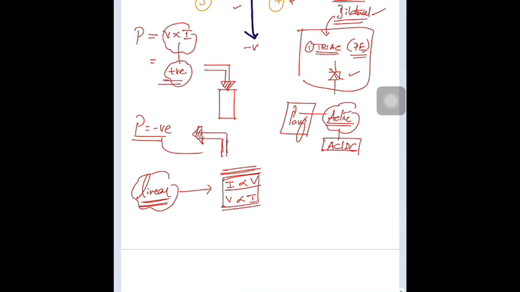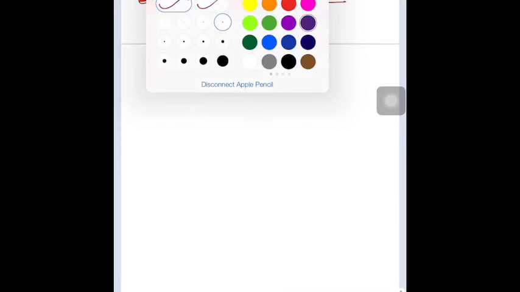Now we'll deal with some examples. Let us take the next step. Coming to this element, it is non-linear.